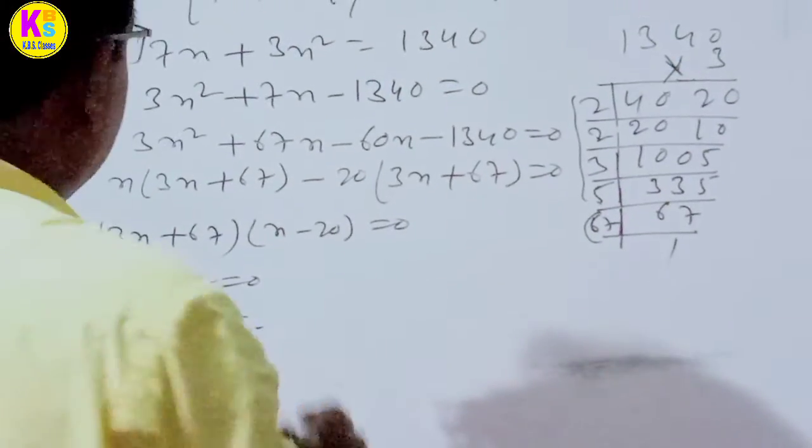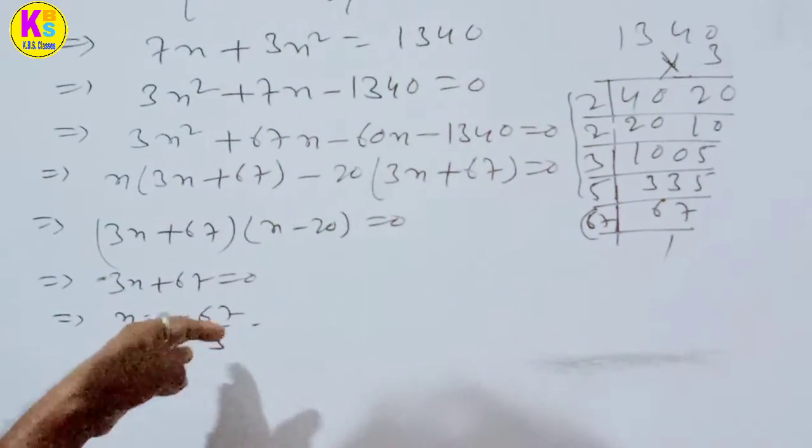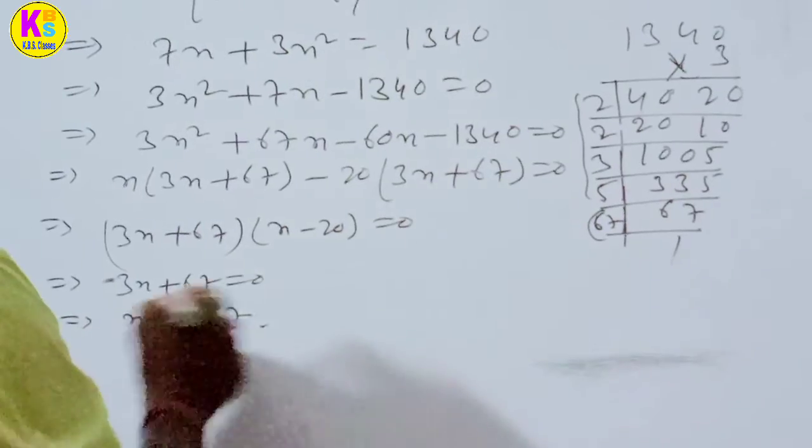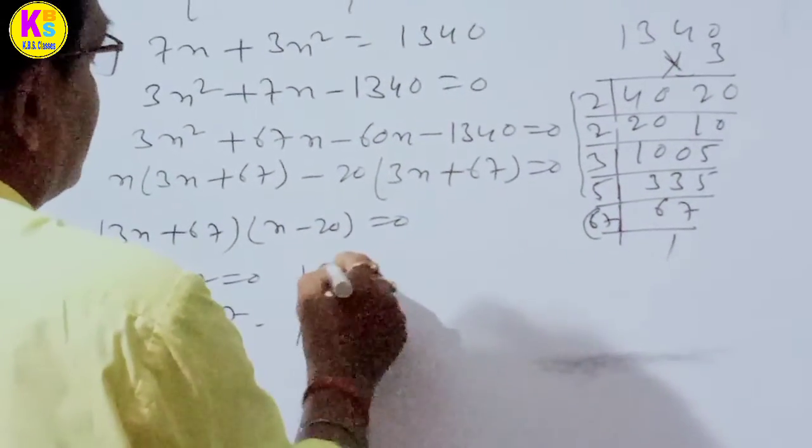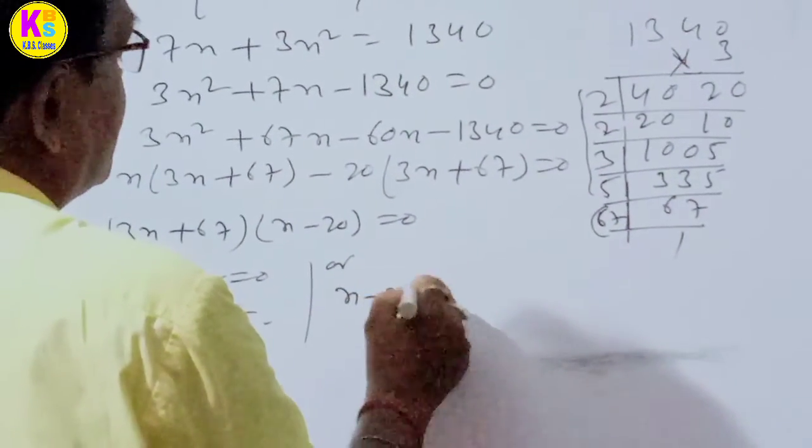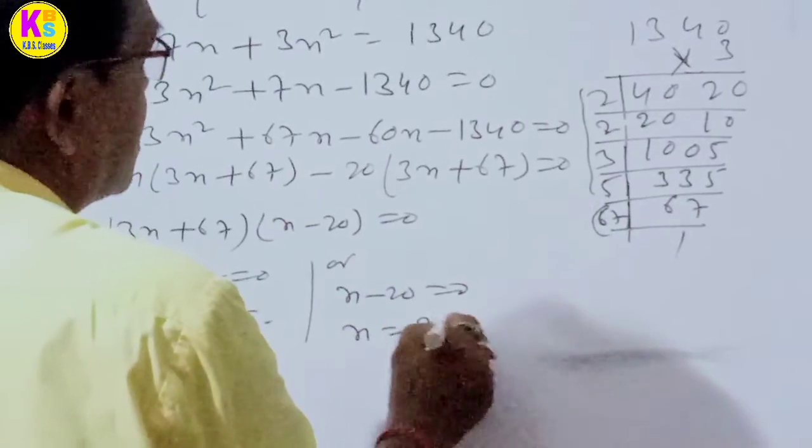This will not do because the number of terms cannot be negative or a fraction. Therefore, this is not applicable. Take the other one, n minus 20 is equal to 0. Therefore, n is equal to 20.